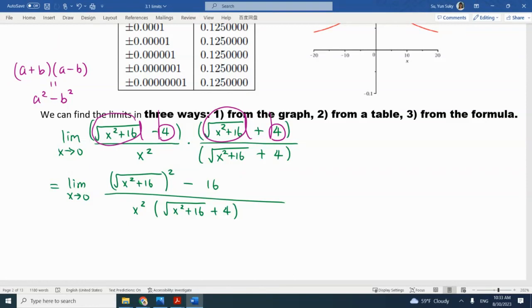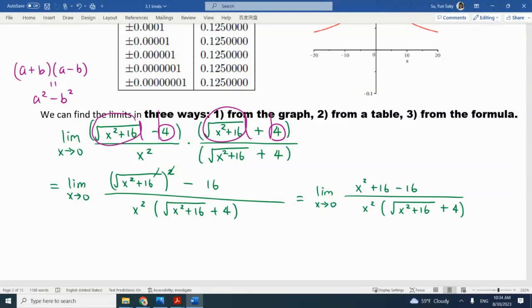Yeah, that is why we multiply by its conjugate to get rid of the square root. All right. So square and square root cancel. We have x squared plus 16 minus 16. So far, so good, everybody? We get rid of the square root.